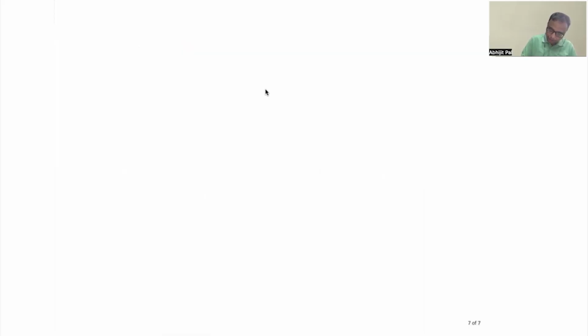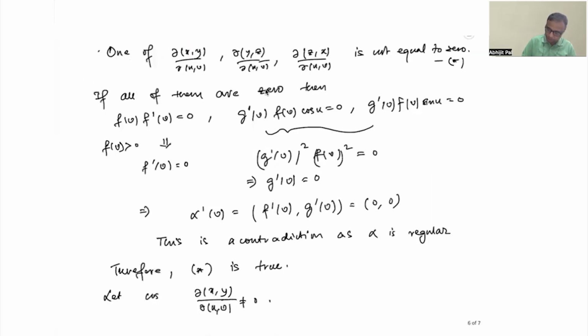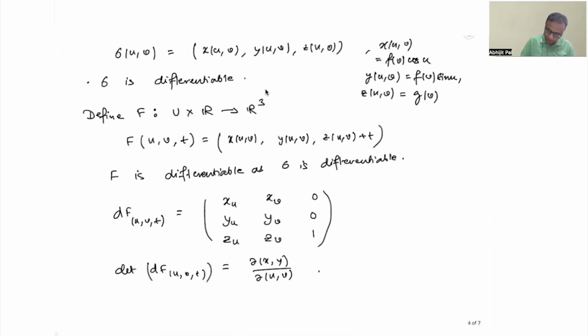If I go to the definition of this capital F, the determinant of this differential of F is not equal to 0. And recall that this F is a map from this U cross R2 to R3.